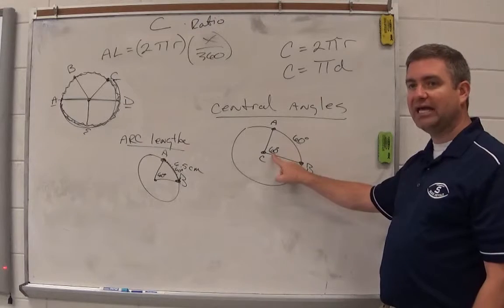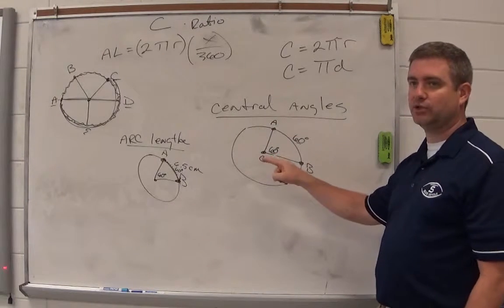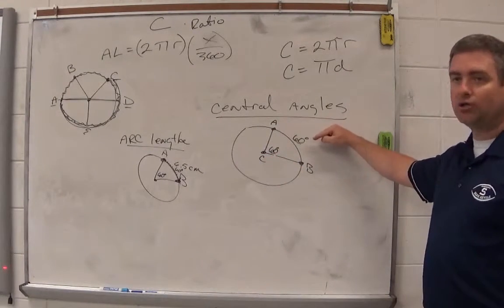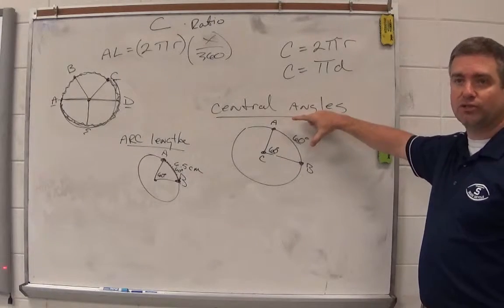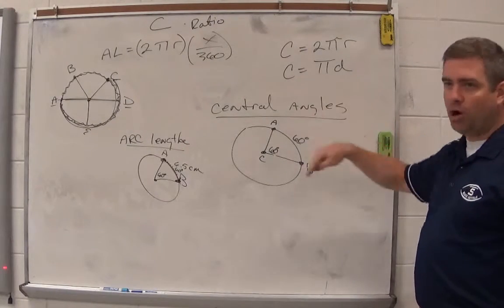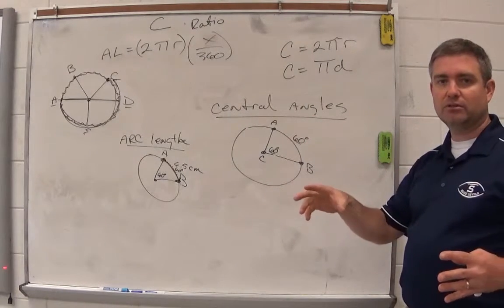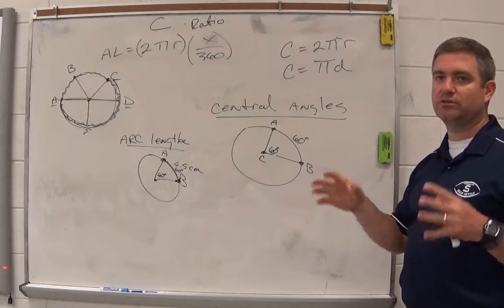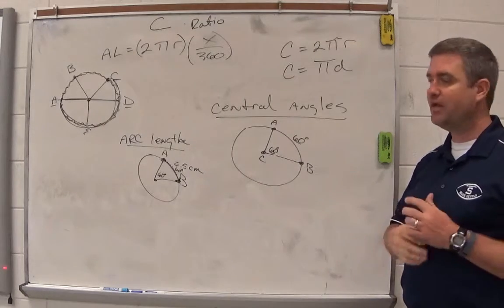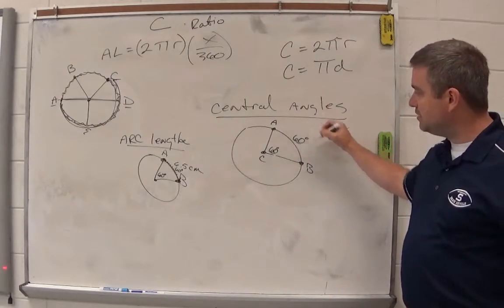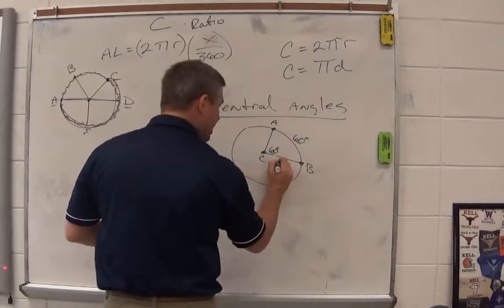So this is a relationship to all the way around the circle, right? This AB is also a relationship to all the way around the circle. This 60 matters, okay? It is very important to being able to find arc length. The reason that we have two measurements is because here's your radius, right?